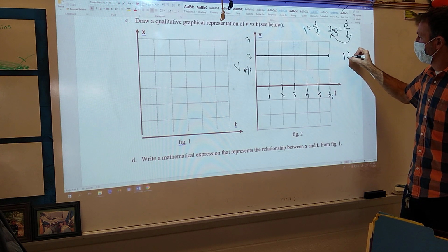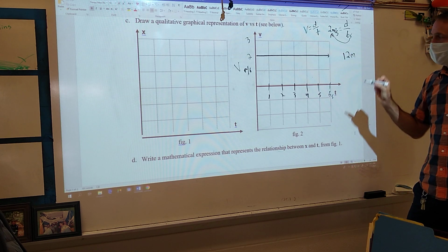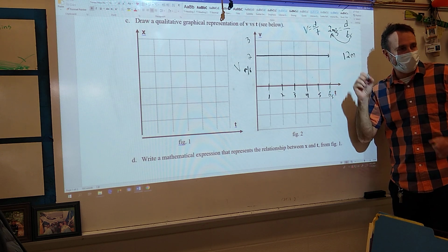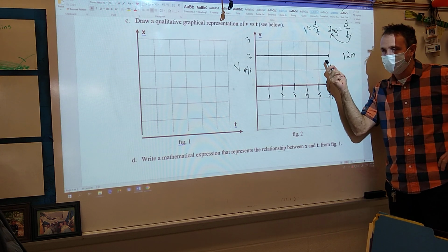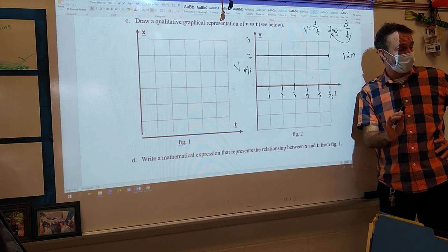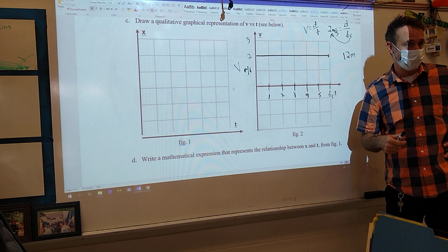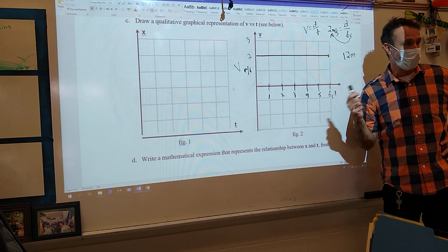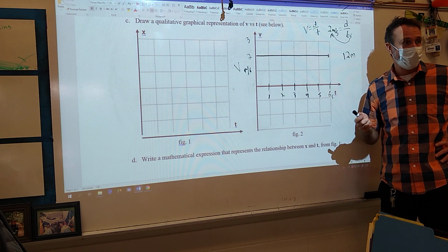So we know the car would have gone 12 meters. Take a look at this graph and tell me where you can find the number 12 if you look at this graph that you made. Because you're going to be able to apply this principle to future graphs. Like the back side of the page, maybe even.